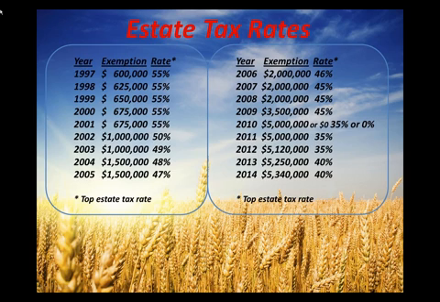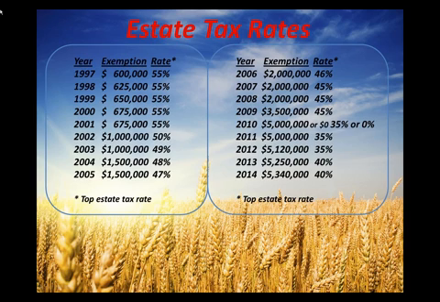Then it dropped 1% per year for several years until 2007, and then it leveled off at 45%. Then in 2011 it was 35% for a couple of years, 2011 and 2012, and for the last year and a half, the top rate's been 40%.